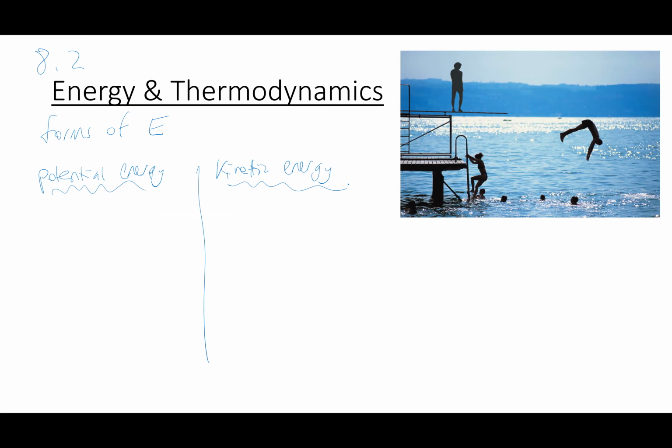So anything that's involving movement. Wind can provide kinetic energy because it's moving air. Heat, because molecules are moving around, and the hotter something gets, the more the molecules are moving around, so there's more kinetic energy, there's more heat.